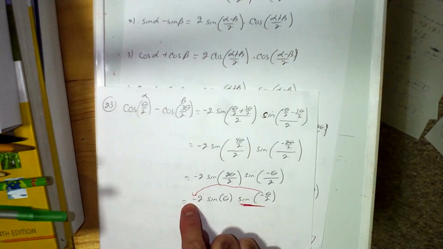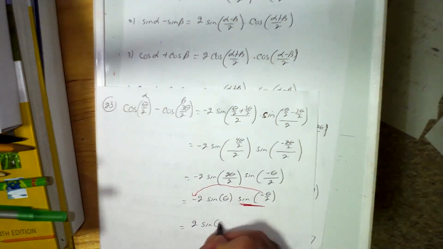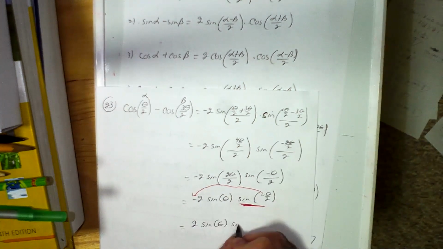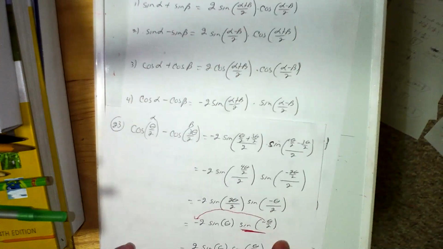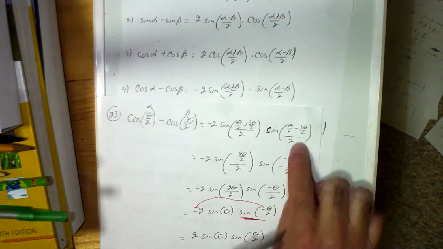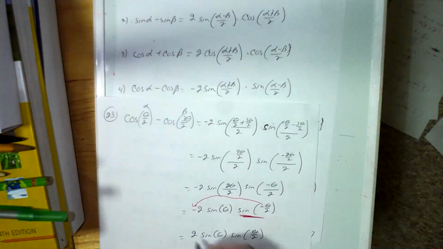Because 2 negatives make a positive. So that's why it becomes a positive sine theta times sine theta over 2. Right, I'm just double checking, seeing if I did it right. Yep. And that's it.